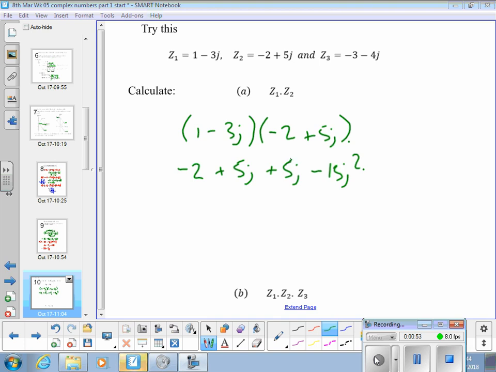Plus 6, I beg your pardon. So that becomes plus 15 straight off, yeah? So minus 2 plus 15 is 13. Plus 5, plus 6, plus 11j.